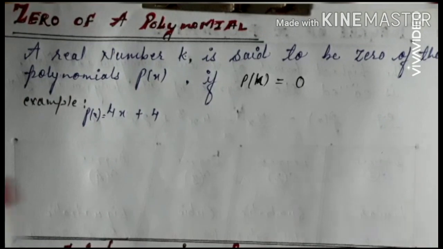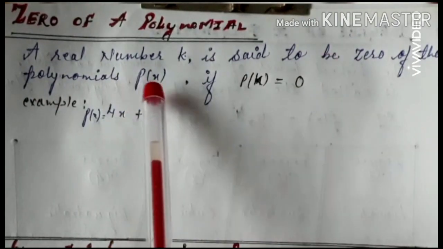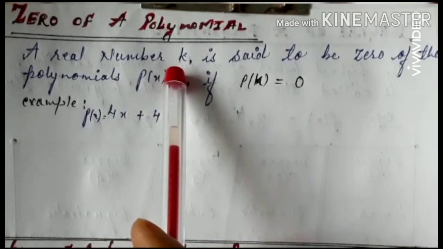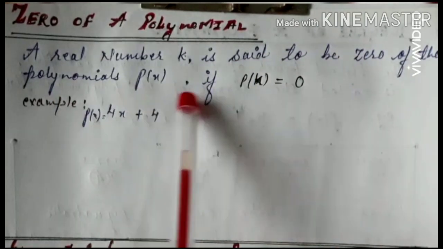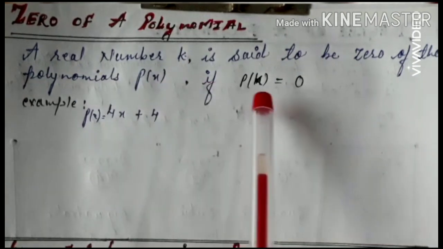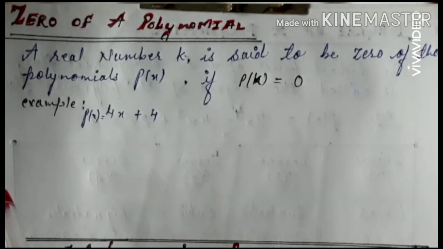A real number k, it can be any real number, is said to be a zero of a polynomial p(x) if p(k) equals 0. That means the value at which the polynomial becomes 0 is the zero of that polynomial.